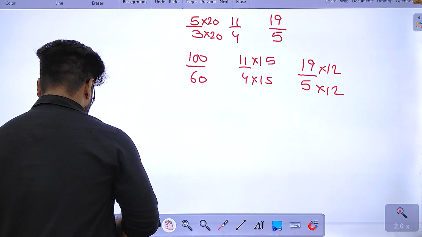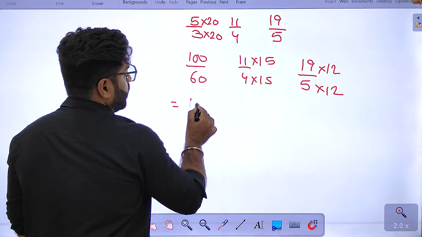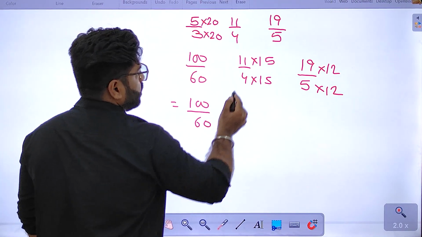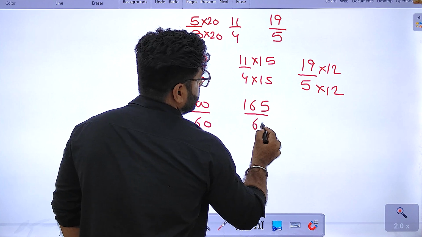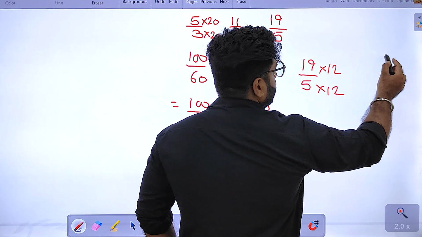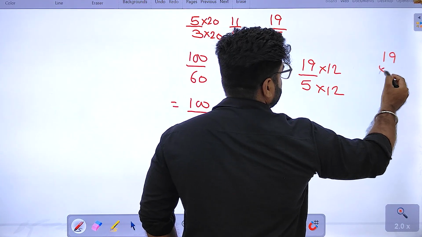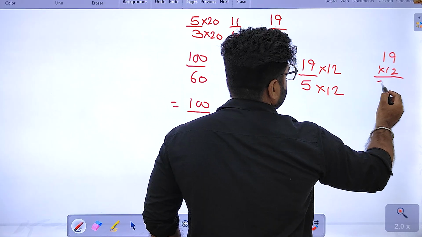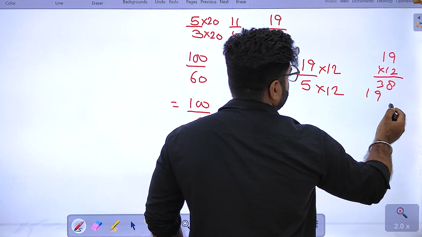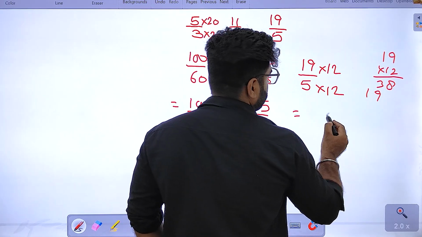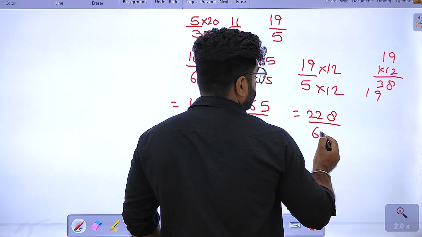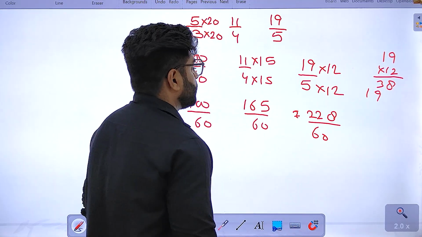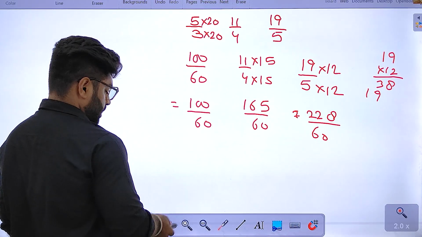So now we are having 100 by 60, and this is 165 by 60, and this is 228 by 60. So which is the greatest one? This one, and the smallest one is this one.